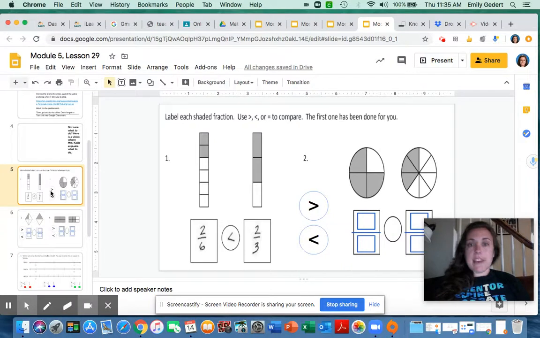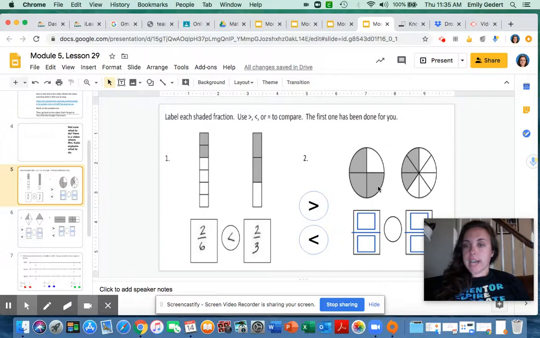So slides 5 and 6 are very similar. You're going to follow the same set of directions. It says to label each shaded fraction and then use the greater than, less than, or equal to compare. Now, I went ahead and did not give you any equal sign because none of these are going to be equal. So you're going to look at your picture.